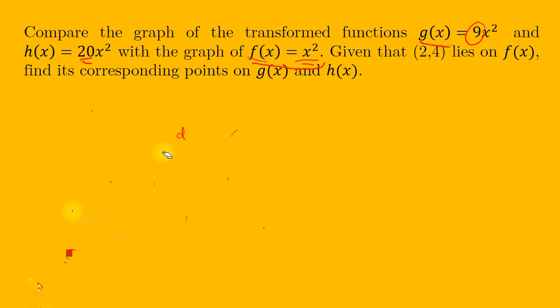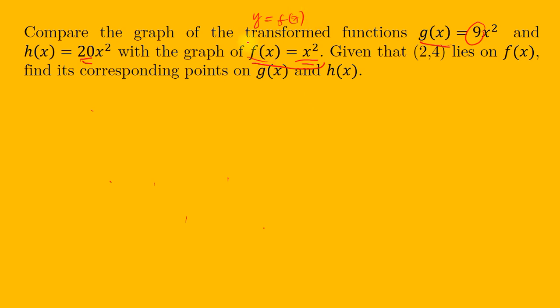That's just simply y, because we say y equals f of x. I think that's from a previous year, grade 8. So given that 2, 4 lies on f of x, we can locate the point 2, 4 on the graph of x squared.